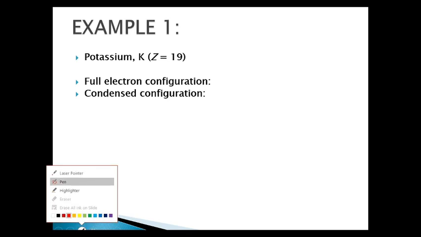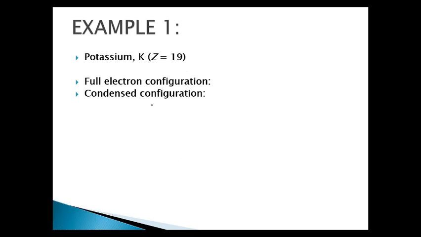Now we're going to determine the block, period, and group for potassium, chlorine, and nickel in example 1. For the electron configuration of potassium with proton number 19, that would be 1s2, 2s2, 2p6, 3s2, 3p6, 4s1.